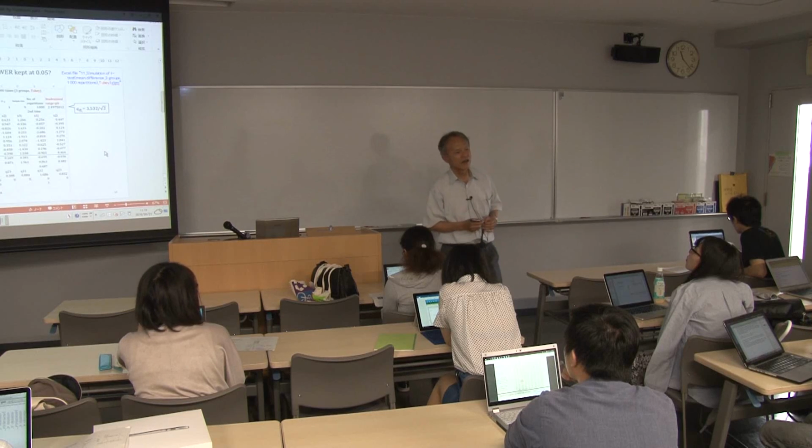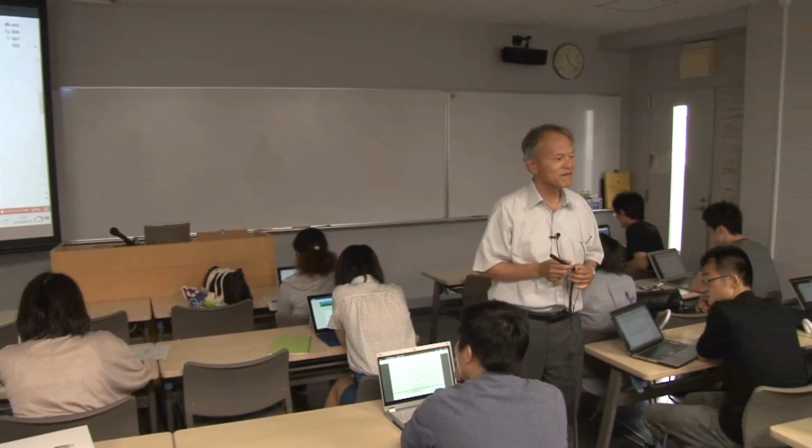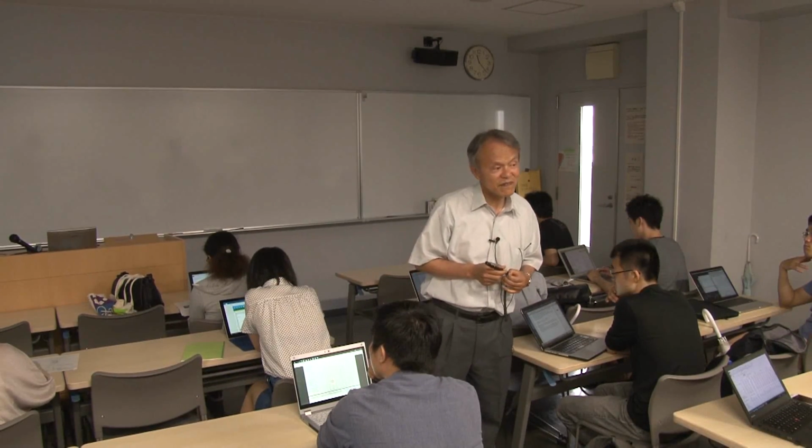So if the number of samples is too few, then we have to do all this in order to make sure that our hypothesis is okay. So that means if the number of samples is large, then we don't need to do these statistics. Yeah, if you have 100 samples, then we don't need.